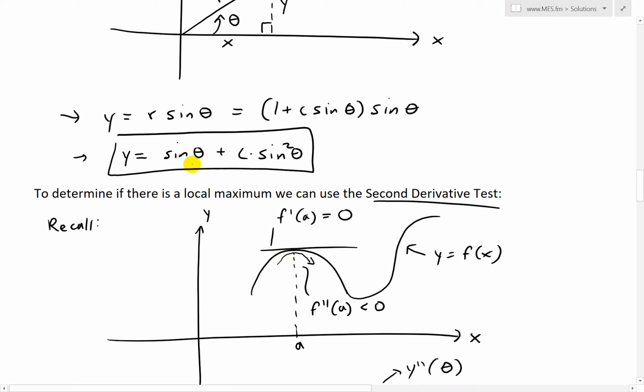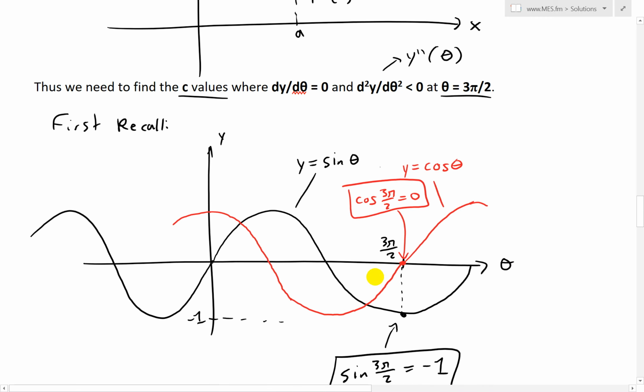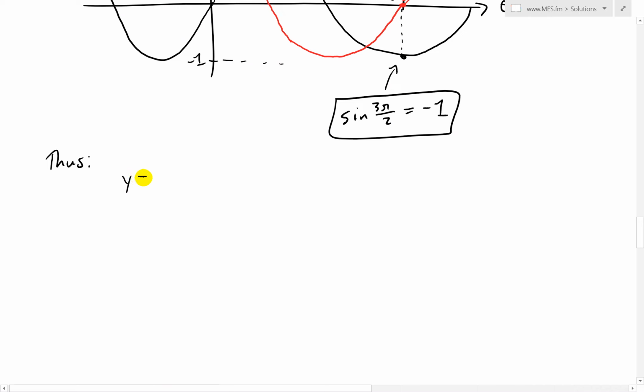So y equals sine theta plus c sine squared theta. Now we just take the derivative, y prime, which is dy over d theta.